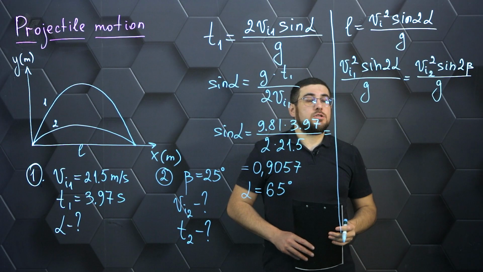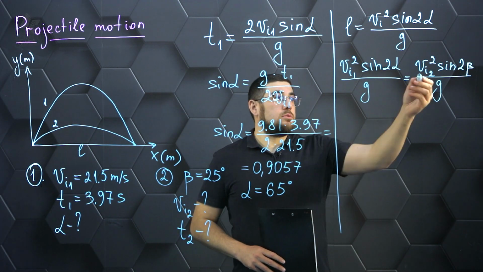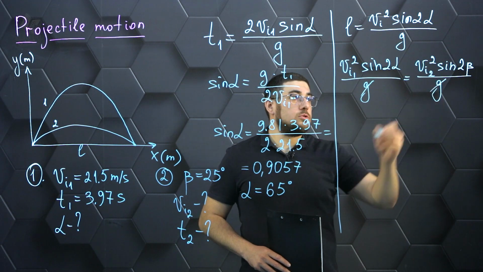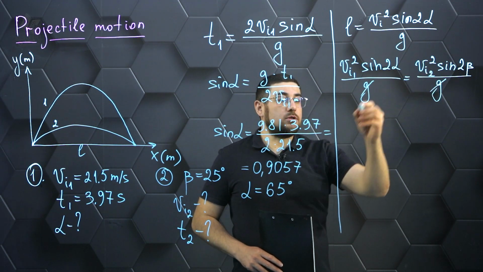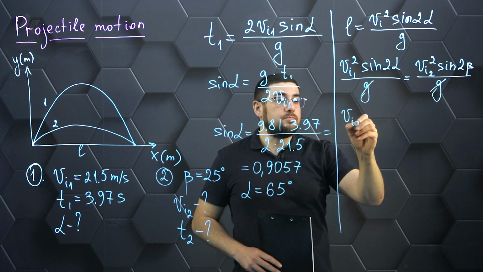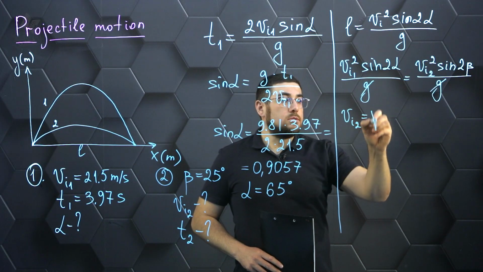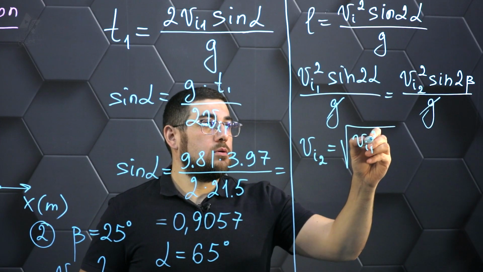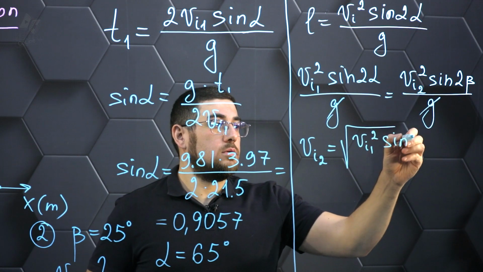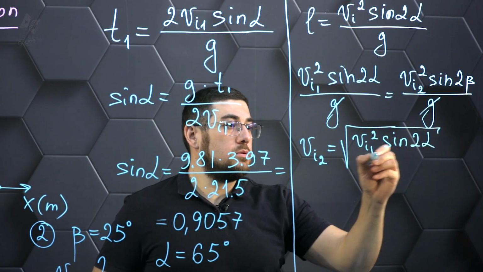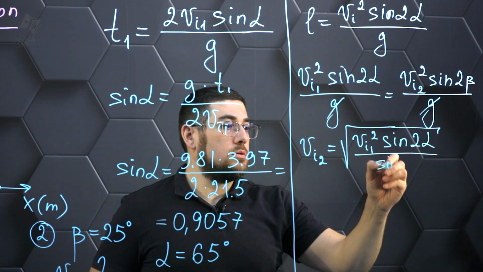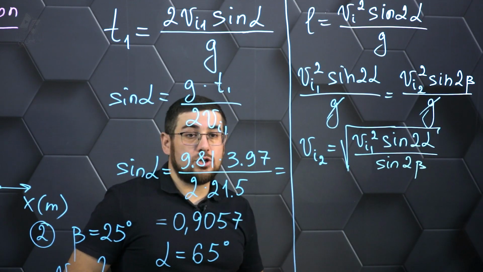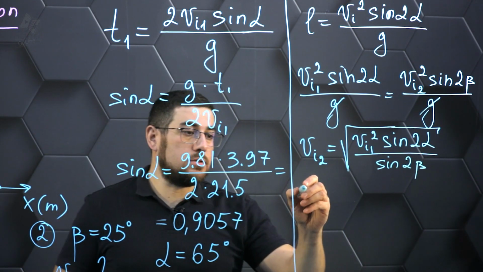That's it, we have got this expression from which we can now find the initial velocity for the second case. It can be seen that g can be canceled and we get the expression for the velocity. Immediately we write the expression through the square root. We have obtained the final formula, it remains only to put in the numerical values.